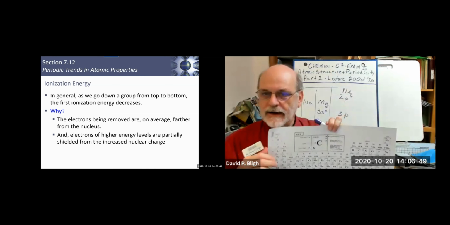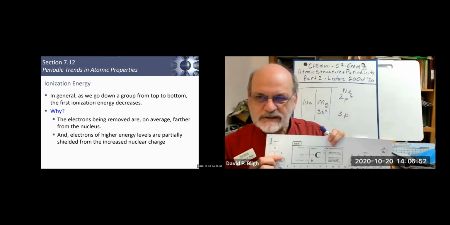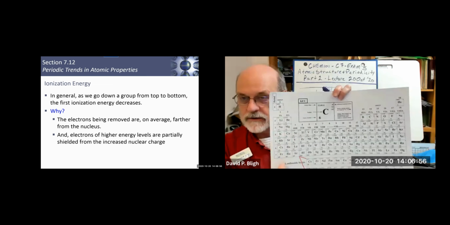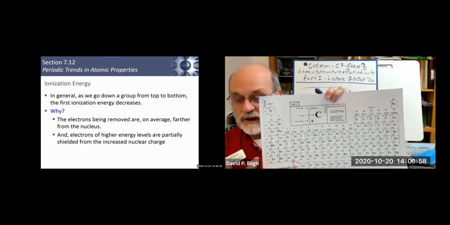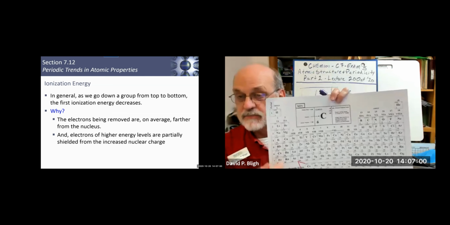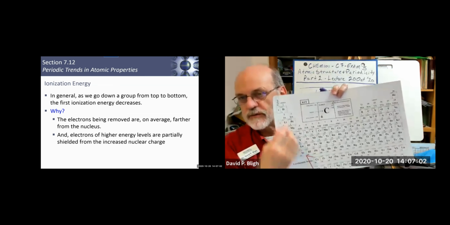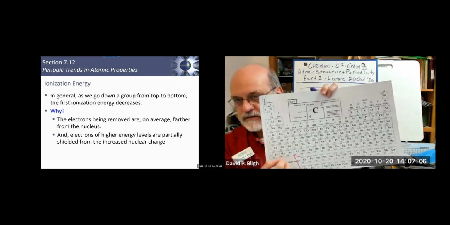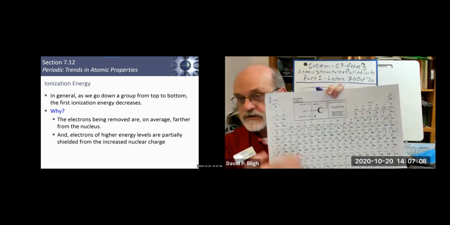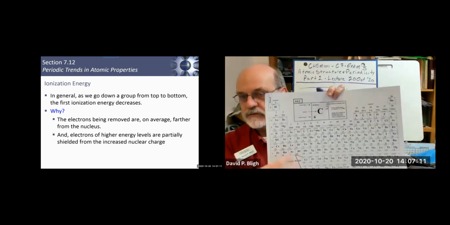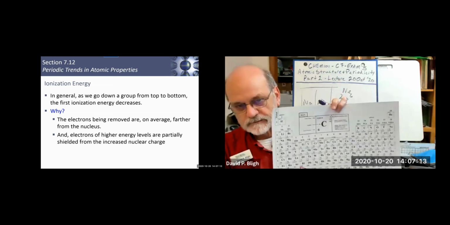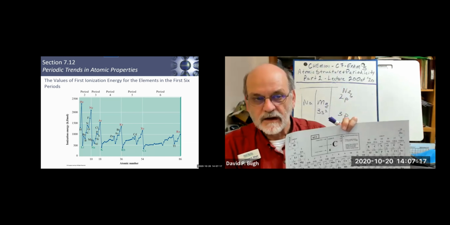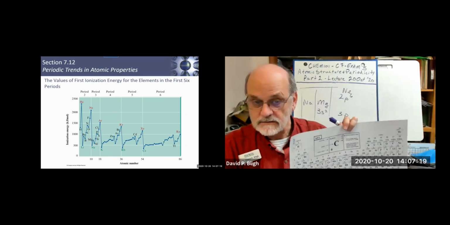Okay. There's also a measure of shielding that takes place in the group. So as you move down, those electrons at lower energy levels are taking the brunt of the attraction from the nucleus. So the outer electrons don't feel the positive charge as much for that reason too. Not just distance from the nucleus, but shielding from inner electrons. And this is just a chart to give you an idea of the trends, right?